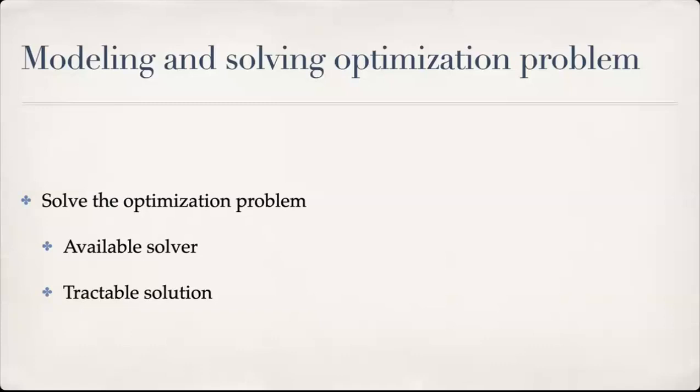For example, you know that your process is nonlinear, which means it's not linear. To represent the problem accurately, you need a nonlinear function to represent your process. However, a nonlinear function is really difficult to solve, more difficult compared with a linear function. So you see that you need some trade-off.